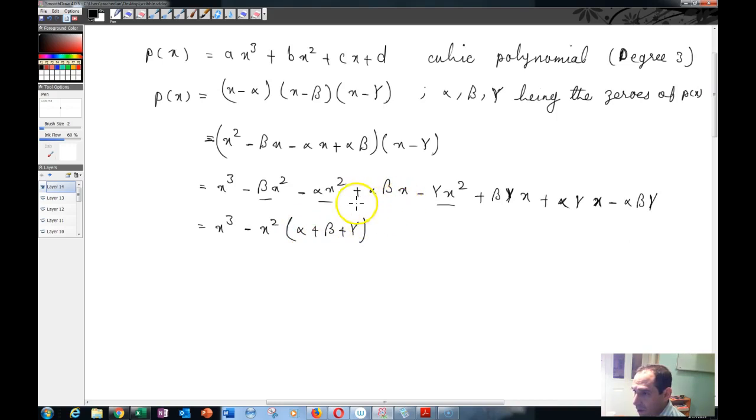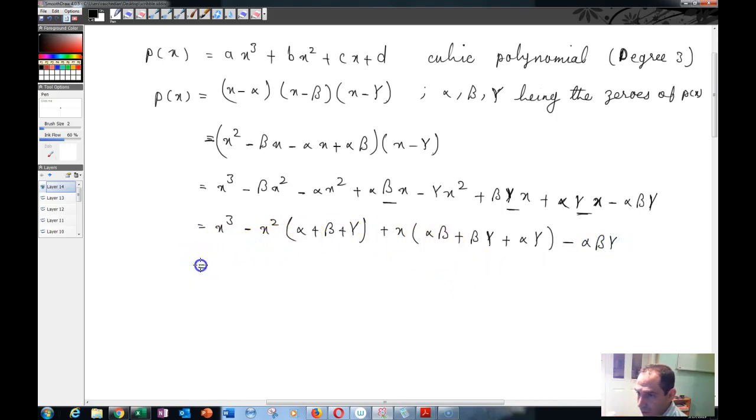Then for the x terms, I take an x out and write this as alpha beta plus beta gamma plus alpha gamma. And then you have this negative alpha beta gamma over here.